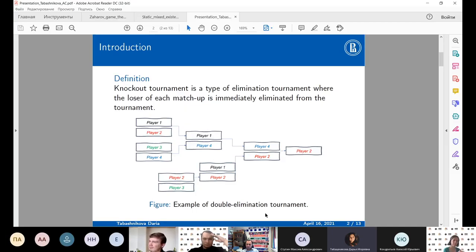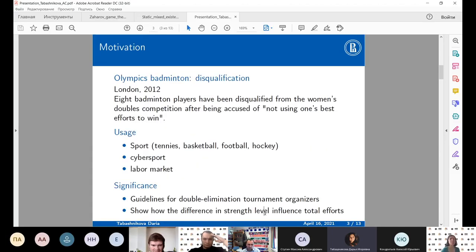Can you go to the next slide? It is quite obvious that more resources are spent in sports theater, but the more resources are invested in sport, the more problems we can face. For example, at the London Olympics, 8 badminton players were disqualified because of unsportsmanlike behavior.